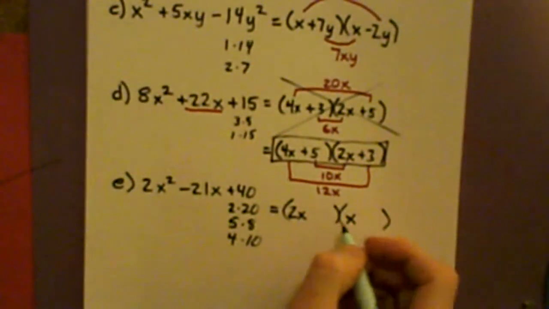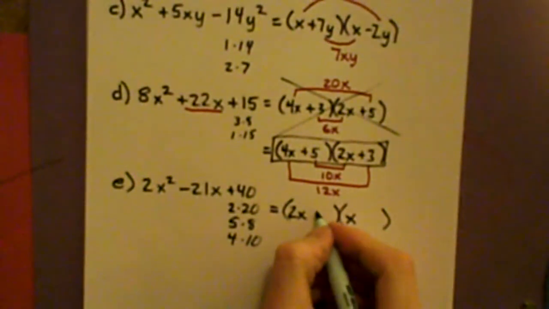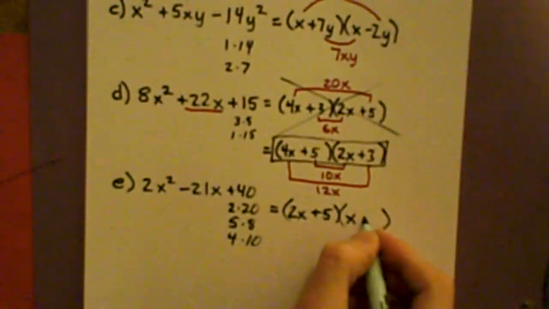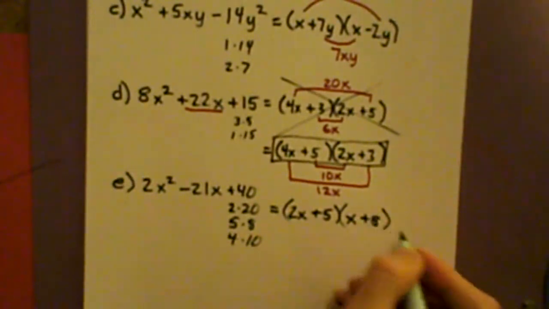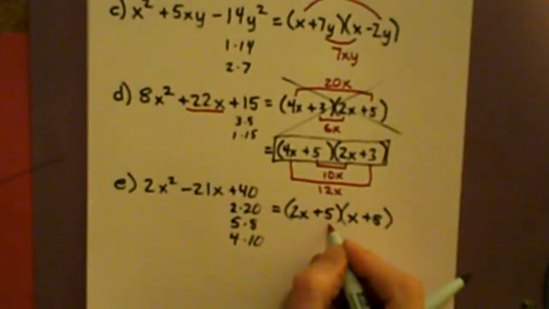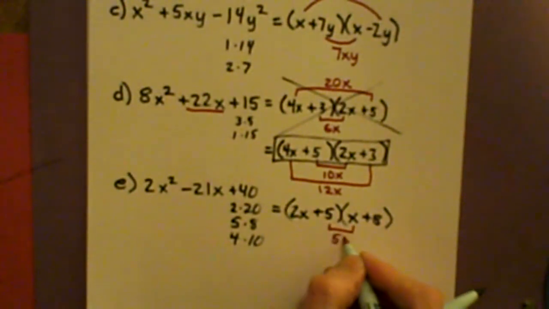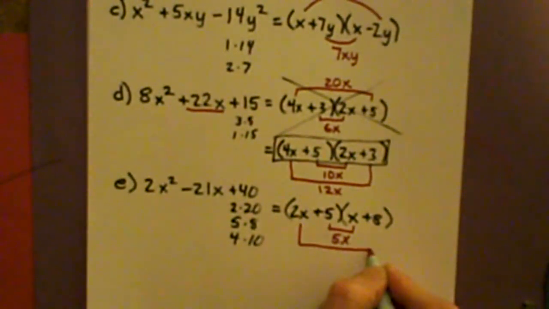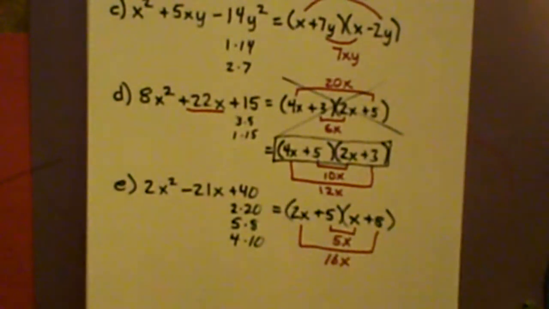If I try 5 here and 8 here, then when I check my product, this comes out to 5x and this one comes out to 16x. And it looks like I guessed right, because 5x and 16x do give me 21.